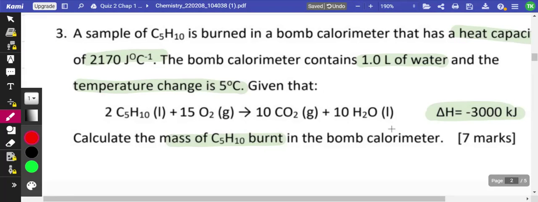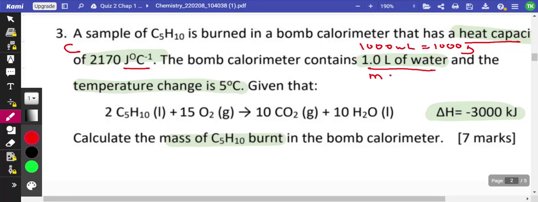For calorimeter, heat capacity, capital C here. 1 liter of water means 1000 ml, also equals to 1000 grams. So if we have mass of water means mc delta T. If we have capital C, C delta T. Temperature change is given.